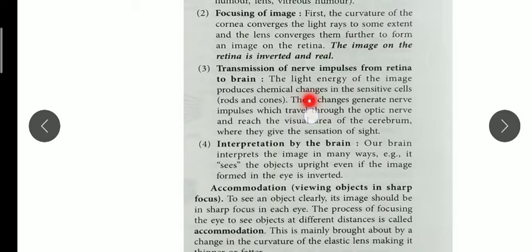These receptors generate the nerve impulses, which travel through the optic nerve, and reach the visual area of the cerebrum. The cerebrum is the largest part of our brain, where the sensation of sight is given. Through the optic nerve, these impulses send signals to the cerebrum.